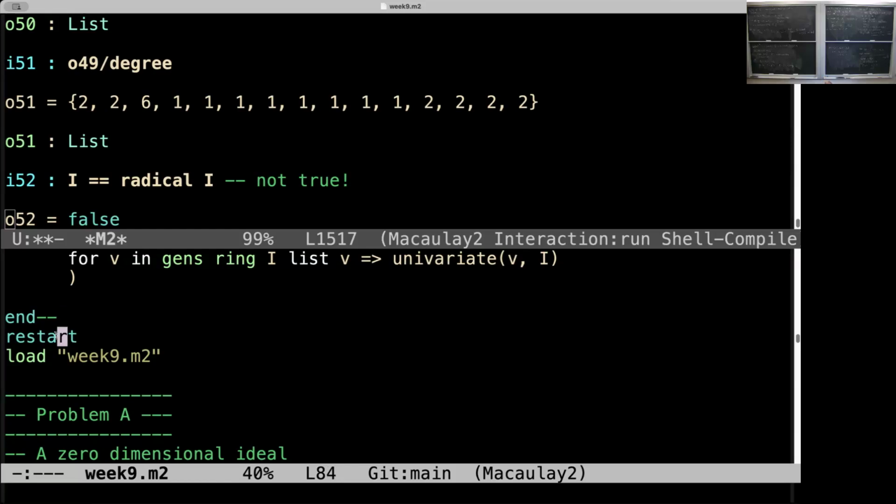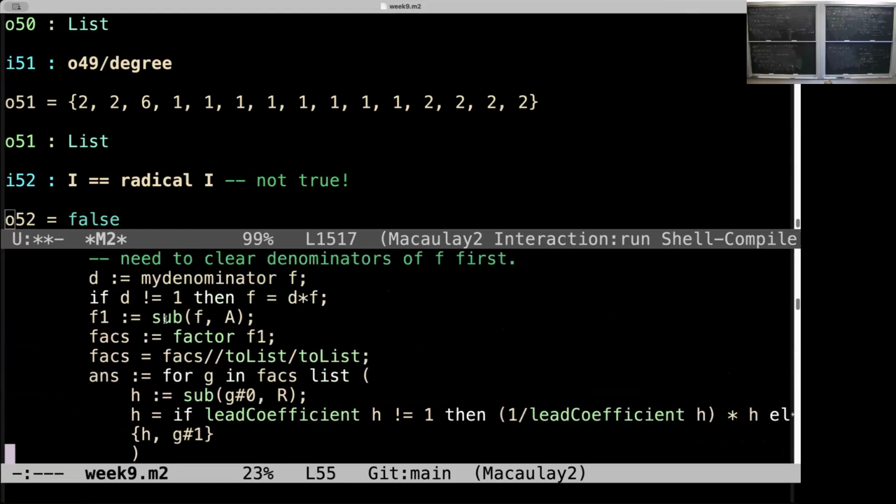But at any rate, then I restart, and I have to be in that directory, in the same folder, and then I can do this. Or I could set the path and then load this, or I could load the full path of this whole thing. So whatever we called it, that's what we would put in the load. Yes. And then these are just some functions.